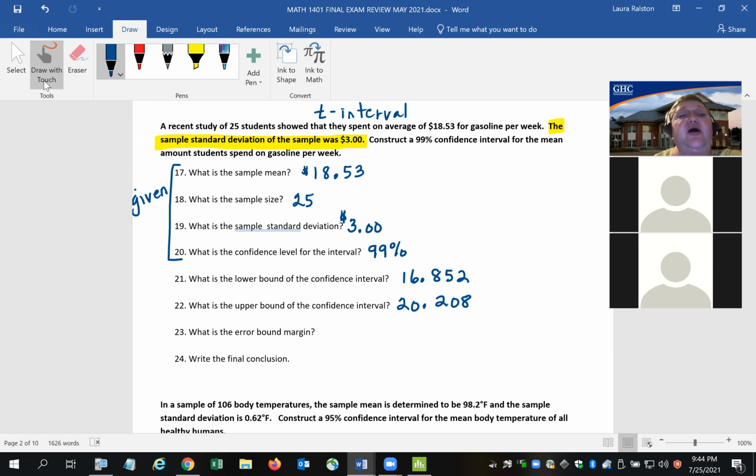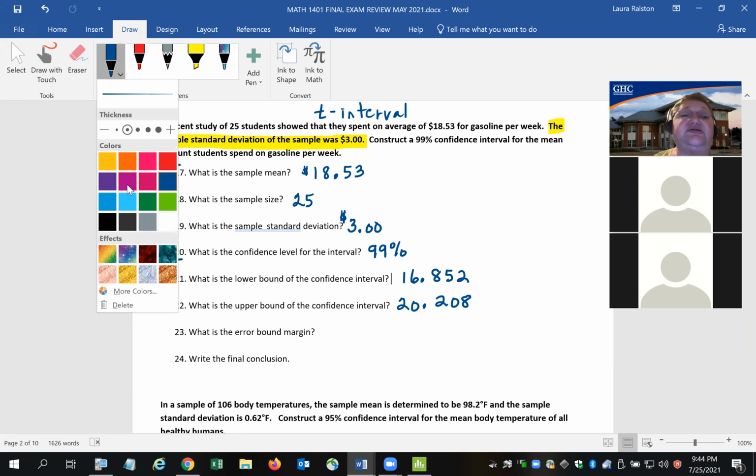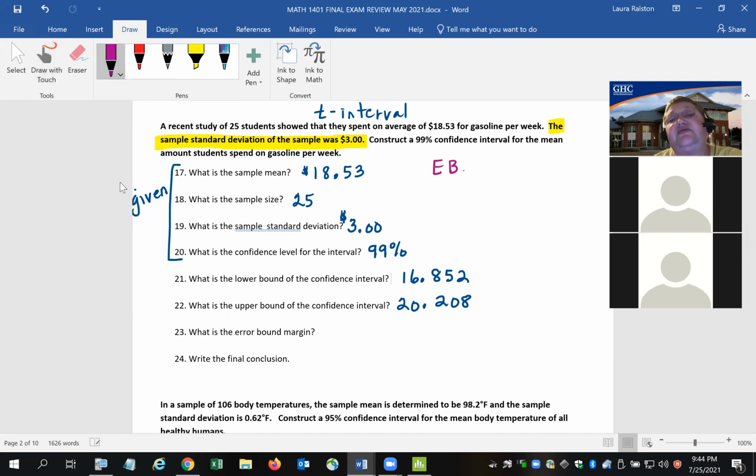The error bound margin you have to calculate for yourself. The error bound margin is the upper bound minus the lower bound divided by 2. It's one of the few manual calculations you have to do in this course.